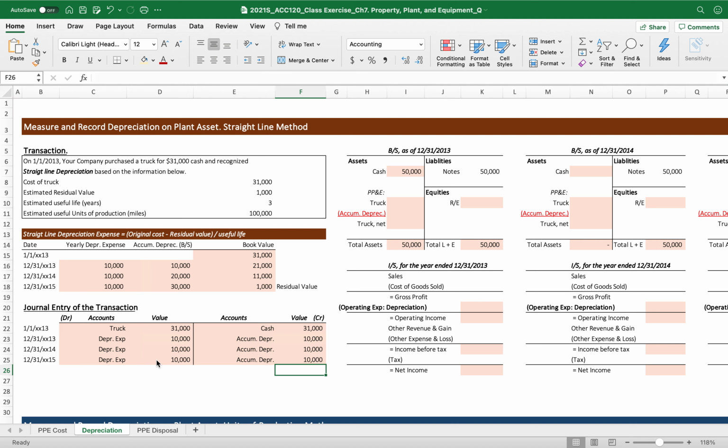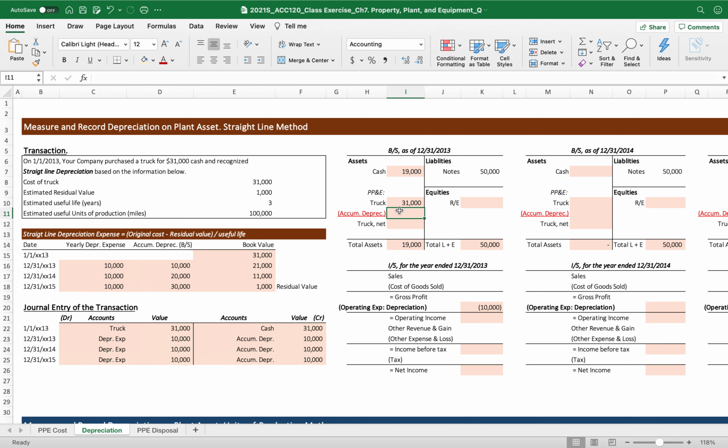So how do we record, how do we post this journal entry on the balance sheet and income statement? When we purchased the truck, $31,000. Okay, and then cash out $31,000. Let's use this journal entry. Then depreciation expense for the first year, here on the operating expense is negative.